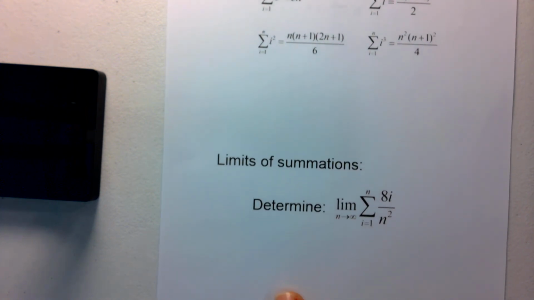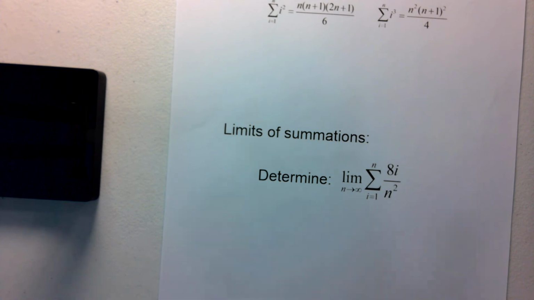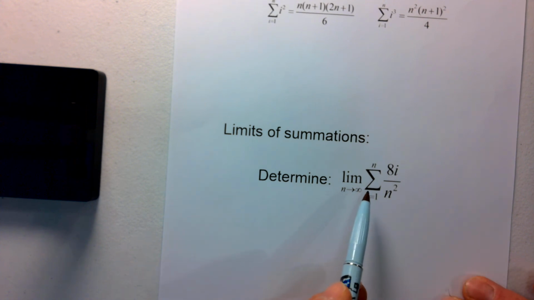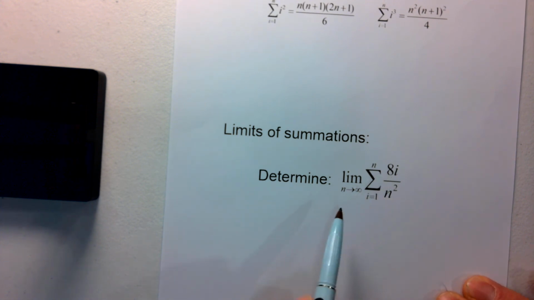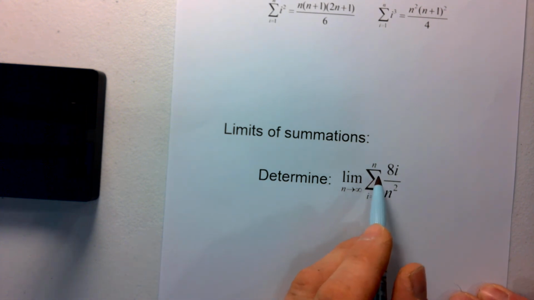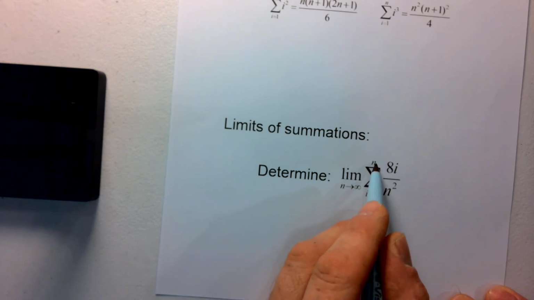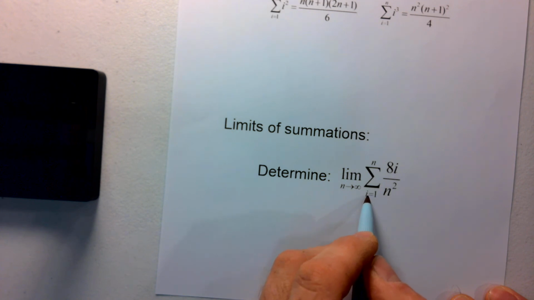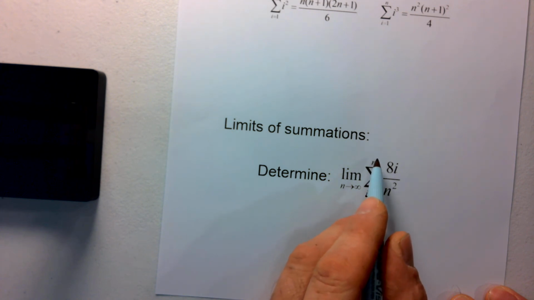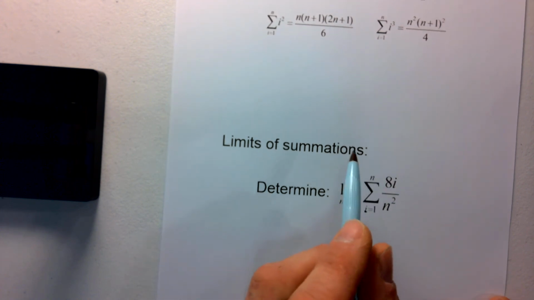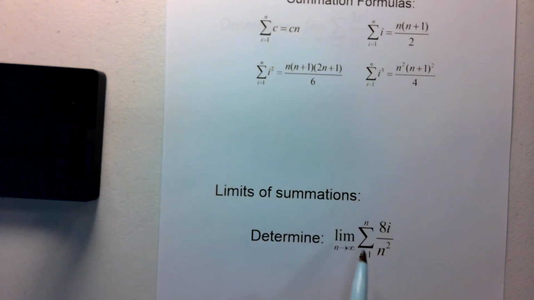So we're going to put together the derivatives and the summation rules to be able to find the limit as n goes to infinity of a summation. To start with, we should realize that we know the summation when i equals 1 to n of some value. We just found that up here.